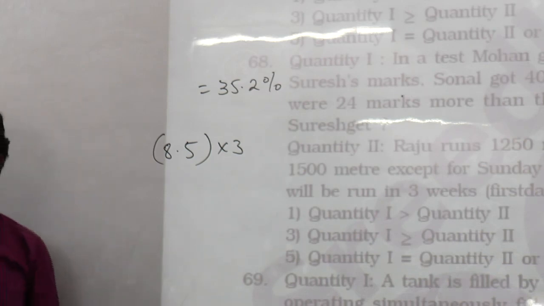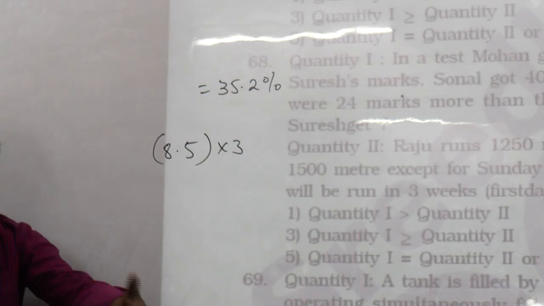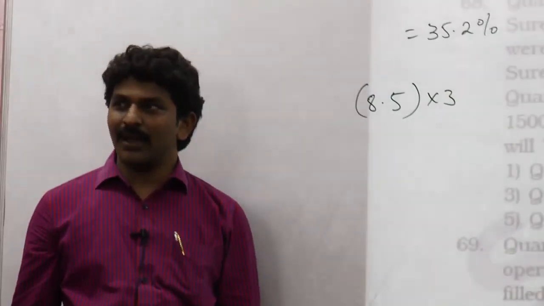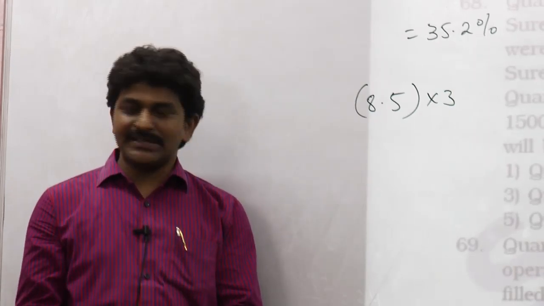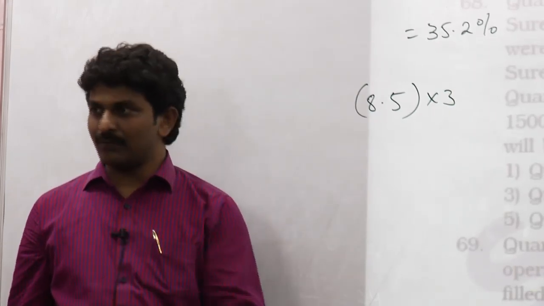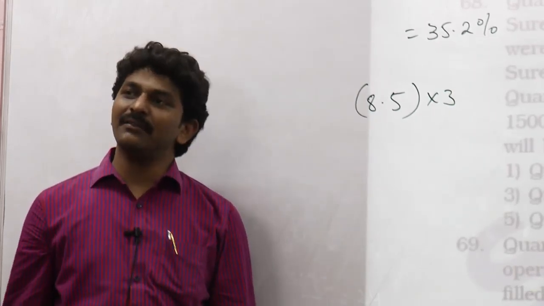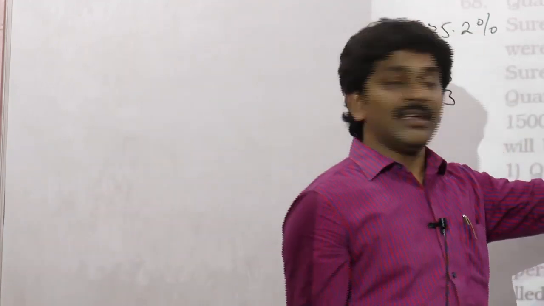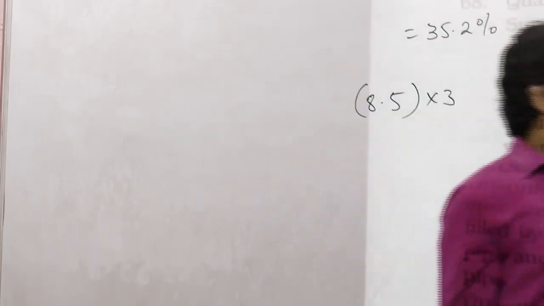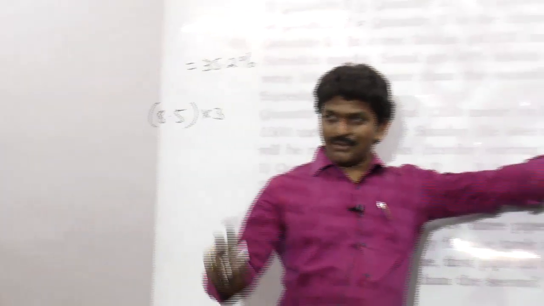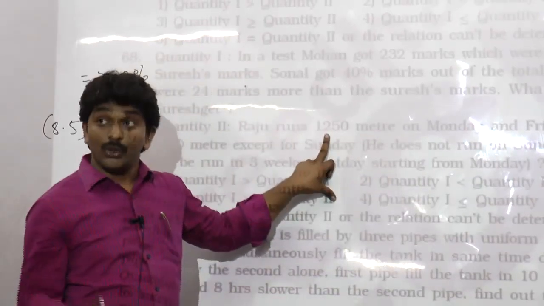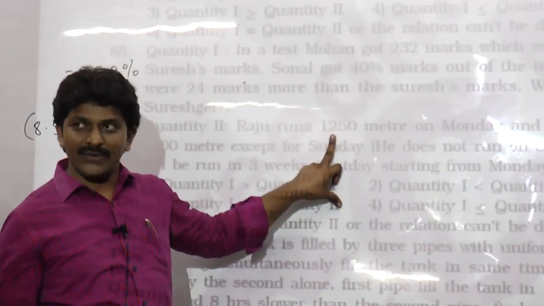Let's take the first 1 week. Whatever is in the first week is the same in the second week also. He does not run on Sunday, so the distance covered by him on Sunday is 0. Remaining how many days do we have? Out of those 6 days, he will cover 1250 meters on Monday and Friday. So those 2 days he can cover 2.5 kilometers. Remaining how many days? 4.